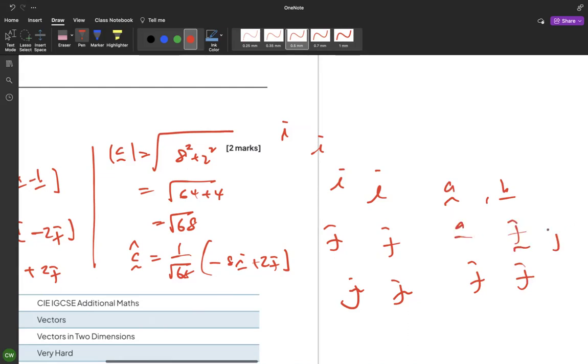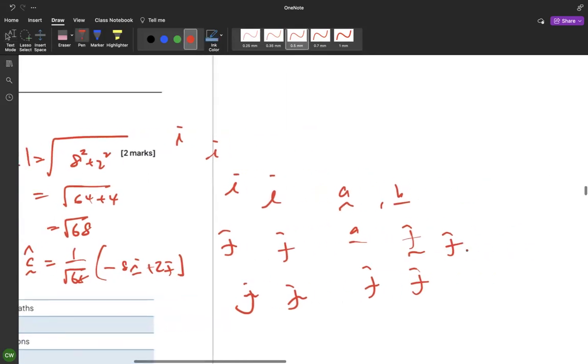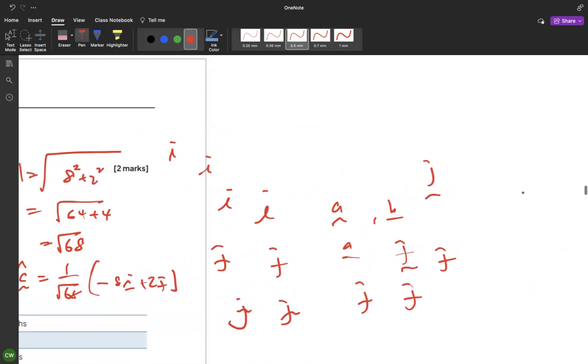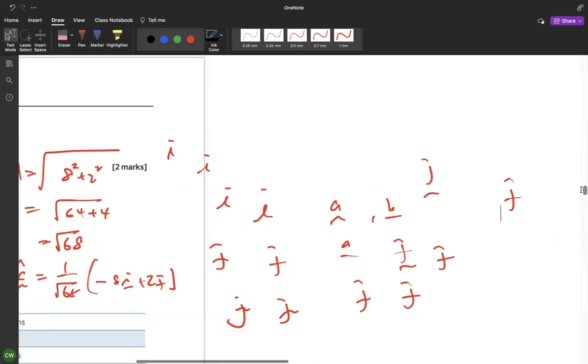It's not here, it's here. You do not draw like that. We draw like this. Vector j. Here or not?